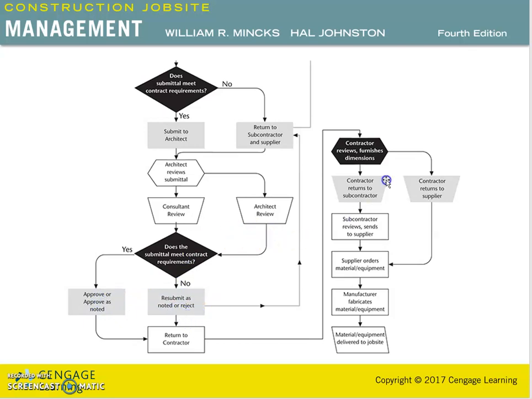And then at every step there are certain decisions that need to be taken, and that needs to be taken by either the contractor or the architect or the owner's representative. So I would recommend that you may read this flow chart in some depth to understand the full process in some more details. So we will continue the remainder of this lecture in the next video clip.